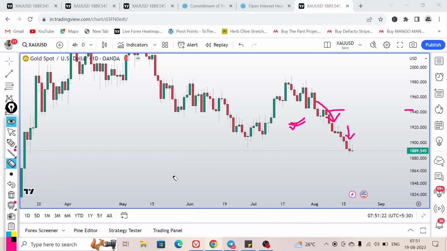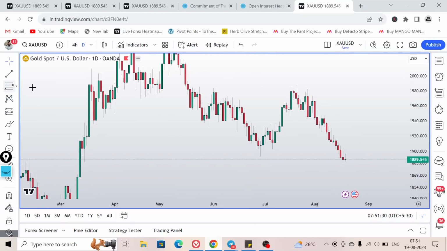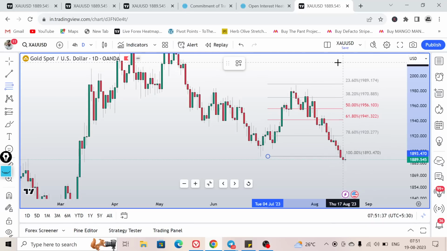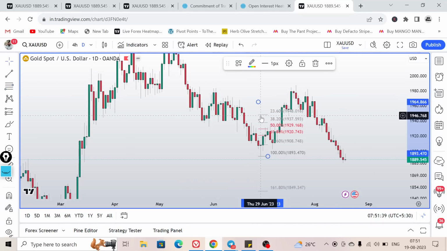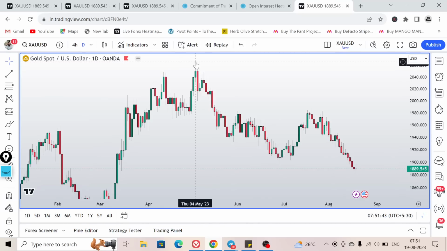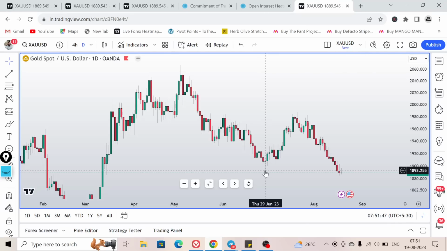but before that let me show you the next support level. I already shared the chart. If we apply Fibonacci levels, this right over here, as you can see, previously gold tested this high and then took support near this level.